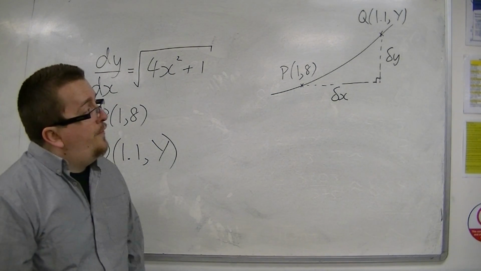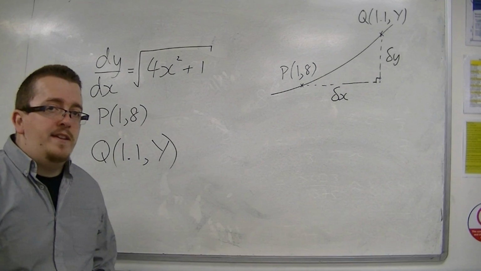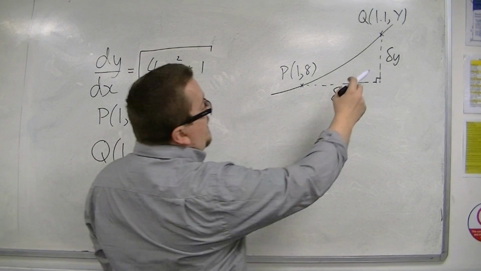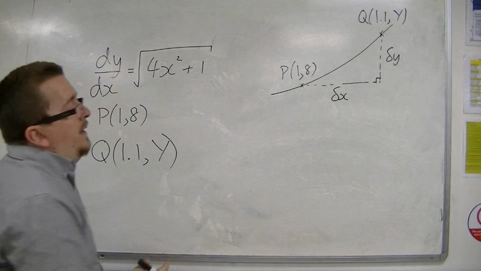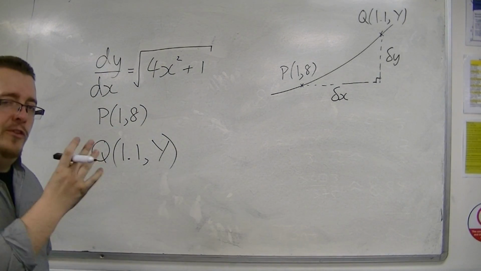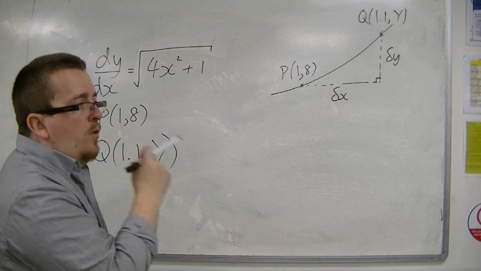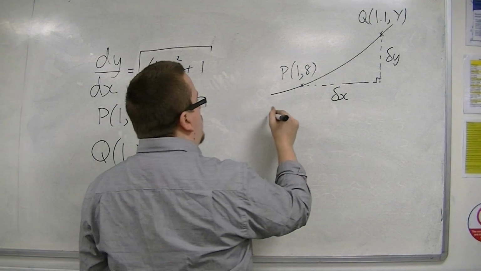Then what we would find is that if I looked at the gradient of the chord between P and Q, then that would be delta y over delta x. And if P and Q are quite close together, then that gradient of the chord will be approximately equal to the derivative.